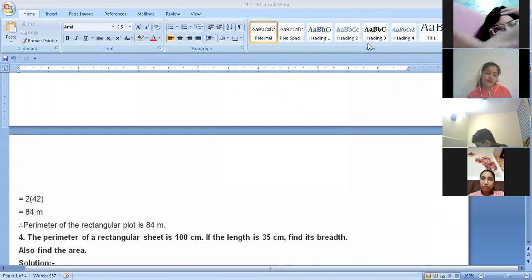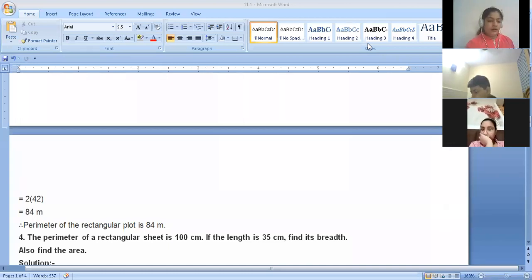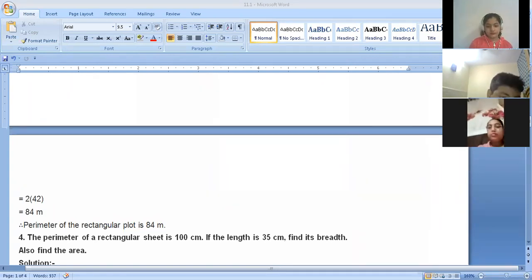With perimeter, what is given? Yes, Tanvi. Ma'am, length is given.